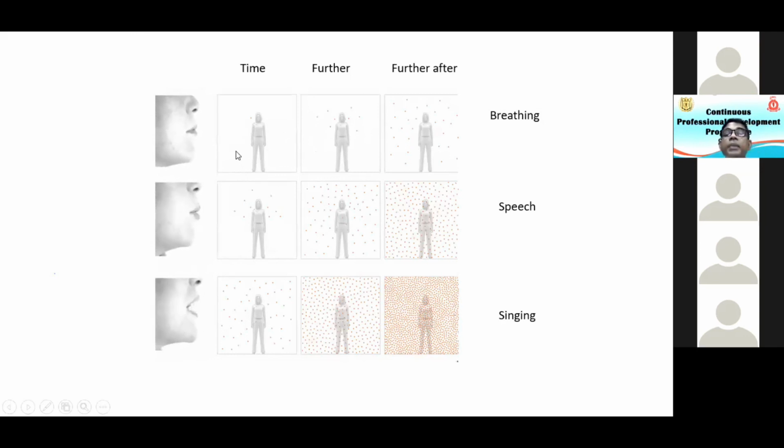Here, if he's breathing, the number is less. If he's speaking, the number is higher, and if they are singing or shouting, the number of droplets produced within a time will be increased. So if you are within an enclosure, it is always better to stay without speaking, shouting or singing. All these things can be done outside.